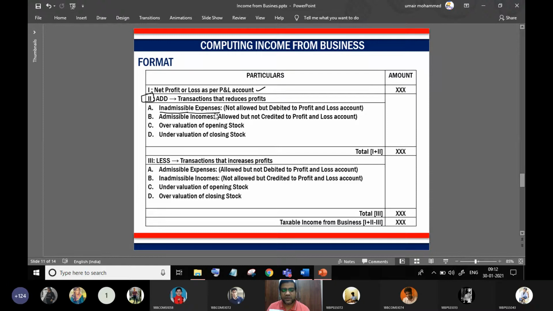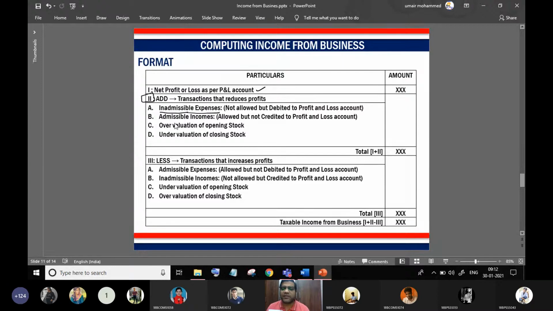Inadmissible expenses are those expenses which are not related to business or which are not allowed by the income tax department. So these two points constitute inadmissible expenses: not allowed by the income tax department, not related to business. Where do we find them? The answer is on the debit side of the profit and loss account.